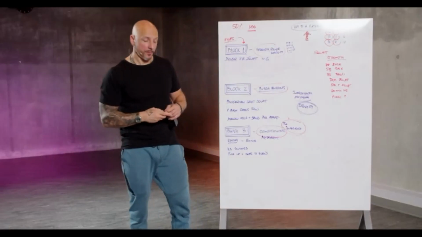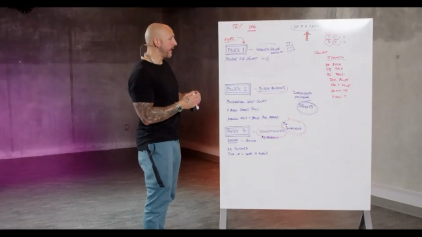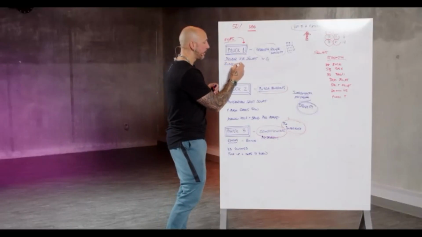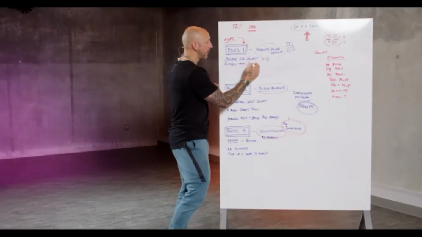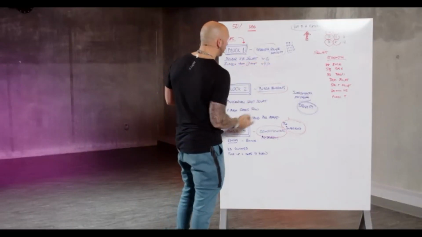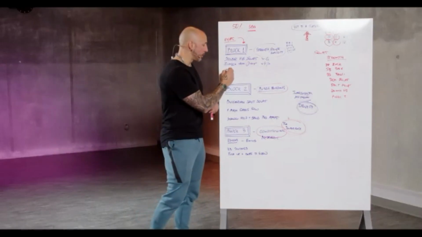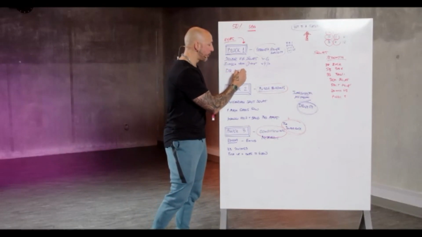So, great example here. Let's say this day we do a single leg box jump, 4 per side. And then we go dumbbell chest supported row.